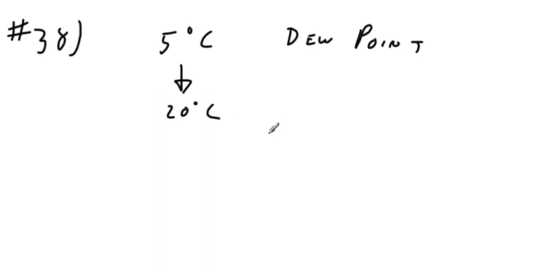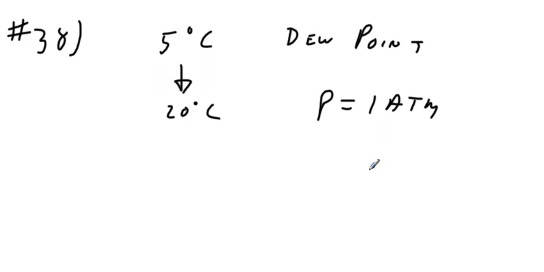What will be the relative humidity at that temperature? Assume constant pressure of 1 atmosphere. So pressure is going to be 1 atmosphere. And take into account the expansion of the air.